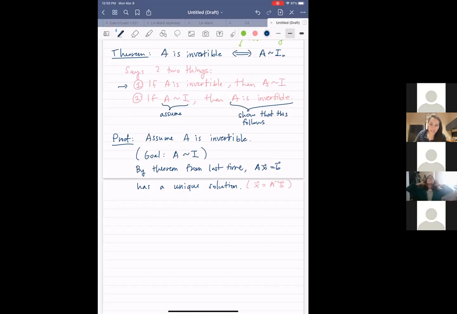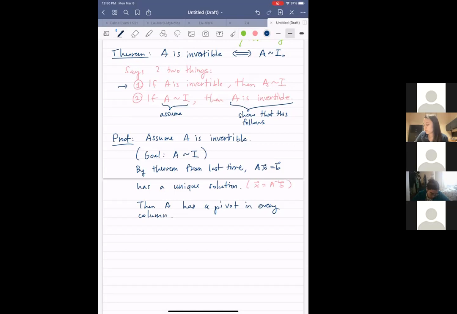And what that means is that A has a pivot in every column. Because if A did not have a pivot in every column, then we would have free variables, which would mean that not every time do we get a unique solution. There are some cases where we get infinitely many solutions.